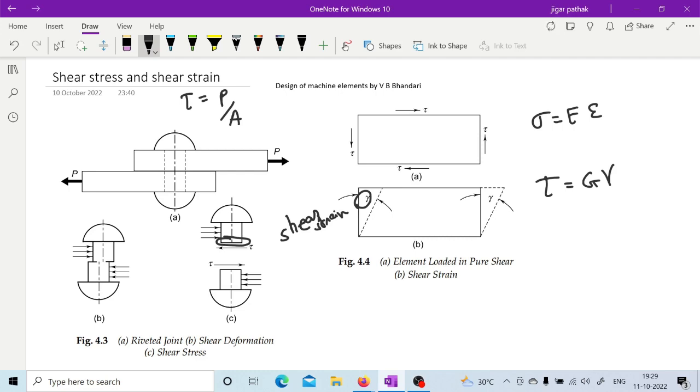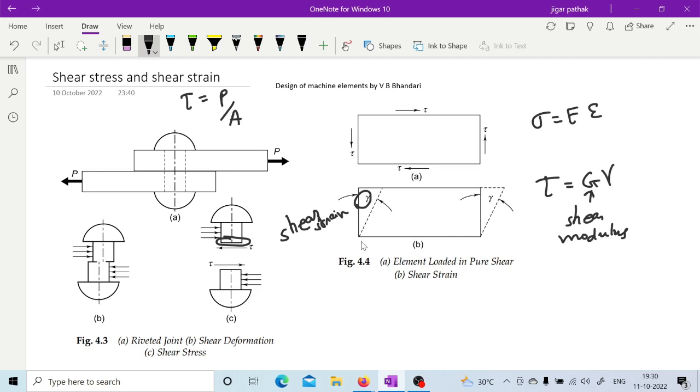As here it is the elastic modulus, here it is the shear modulus. So this is how you have the relation tau is equal to G into gamma, where gamma is shear strain.